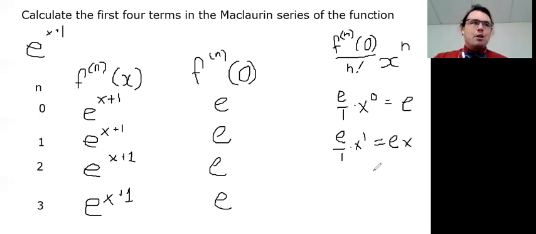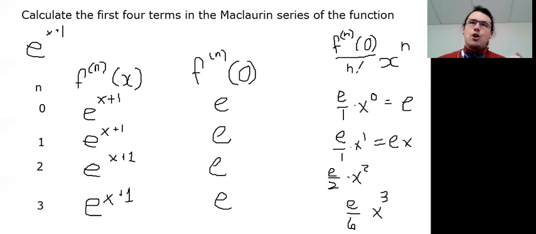For the number 2 term in my Maclaurin series, I'll have numerator e and denominator 2 for my 2 factorial times x squared. I don't really need to simplify this anymore. And then for my number 3 term, I'll have numerator e, denominator 6 times x cubed.